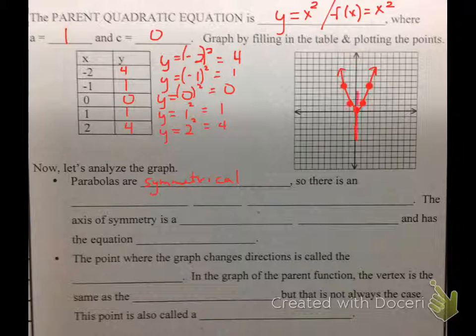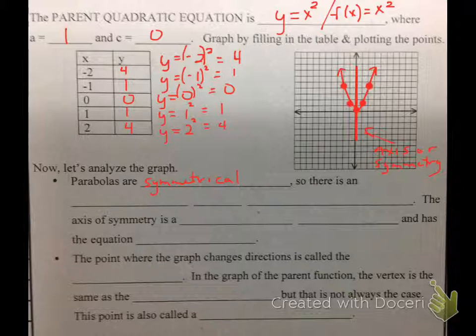If I draw a line right here, it's going to be the same on both sides, okay? And this line right here, like I stated a second ago, is called your axis of symmetry. And that's going to be important for you as we move forward and all the way into Algebra 2.